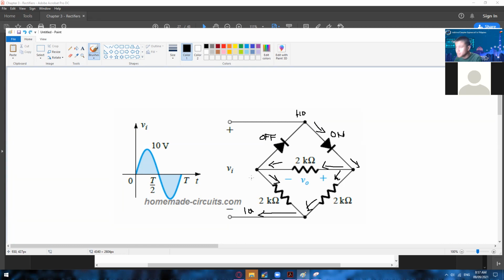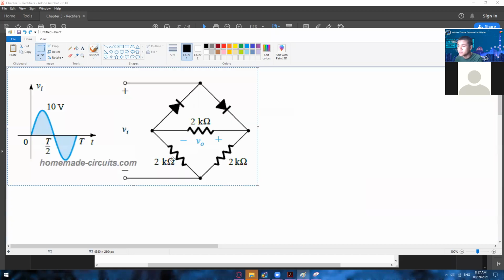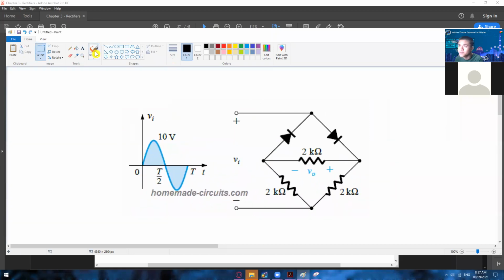Okay, so the same scenario if we have the negative cycle. In here we have negative 10 volts. So erase this one for now. This will become negative and then positive. So if we have this flow of current, negative to negative, positive to positive, this will turn on. And if we have negative to positive and then positive to negative, this will turn off.